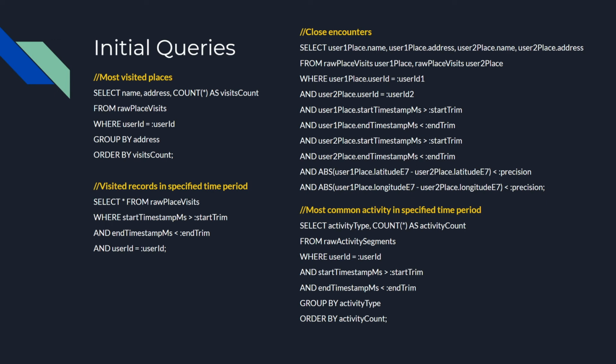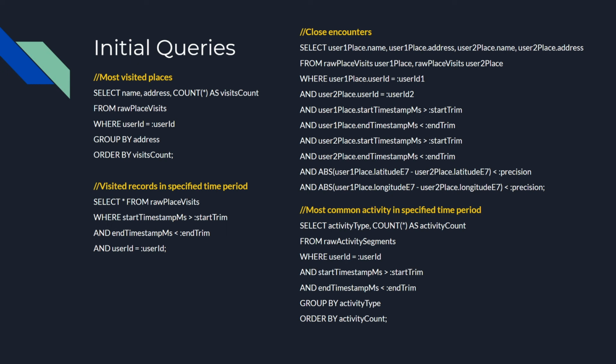And the top right one, close encounters. This one is, where do I start? This is where we can utilize having location data from multiple users in one table. We will select from the same table twice and name it user 1 place and user 2 place, where the ID matches user 1 and user 2.